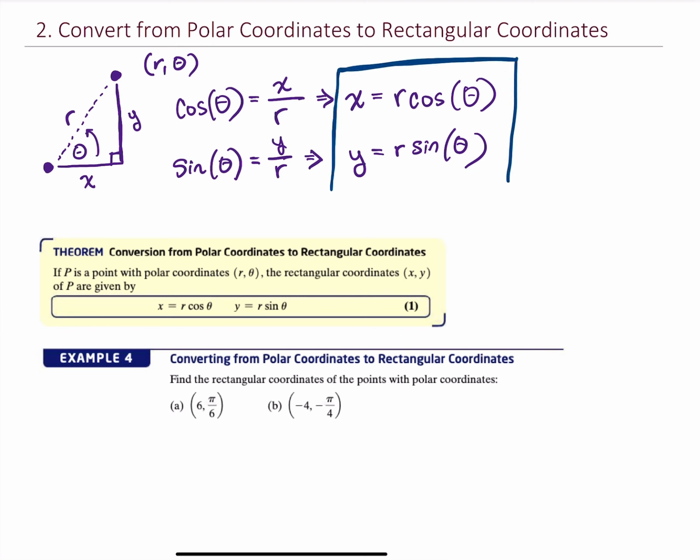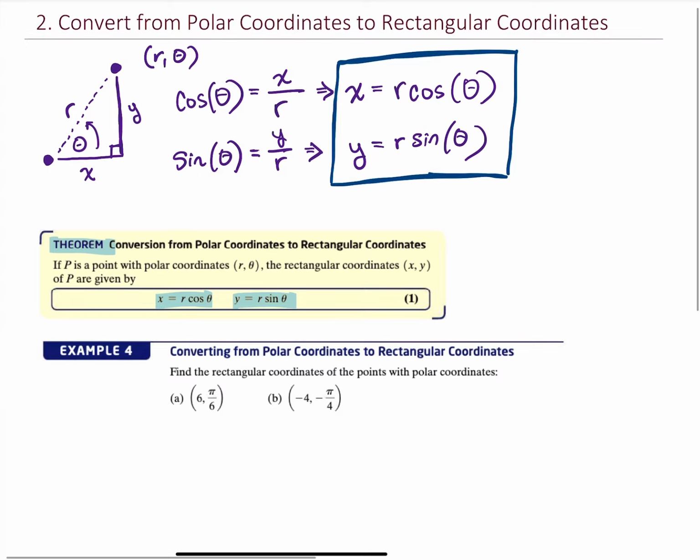If we have a coordinate point r theta, we can translate it to an xy coordinate point by finding x via r cosine theta and y via r sine theta. So they give that to us in this theorem here, this conversion. So x is r cosine, y is r sine of theta.